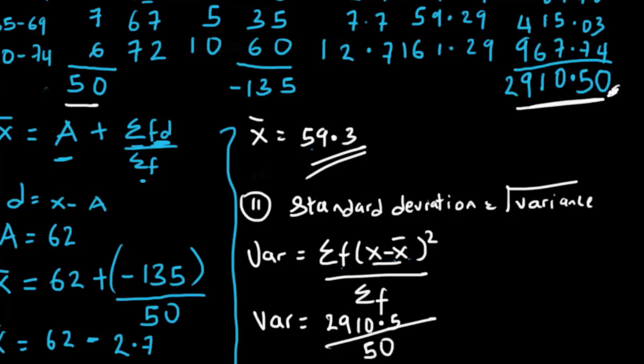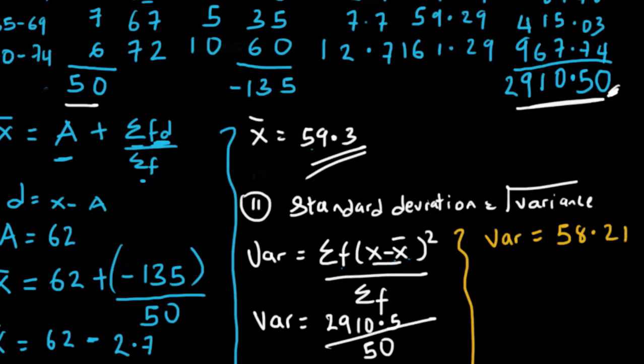Remember, this 0 at the end is as good as nothing. So our variance equals 2910.5 divided by 50, which is 58.21.